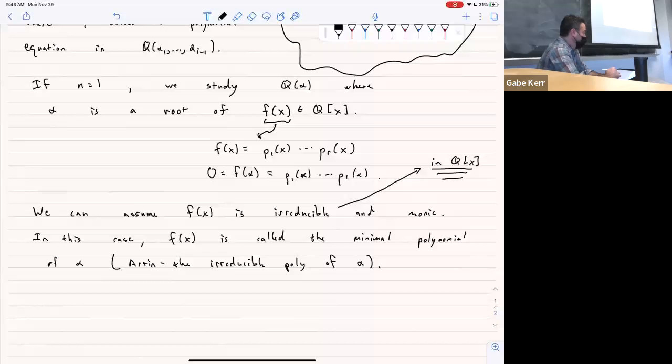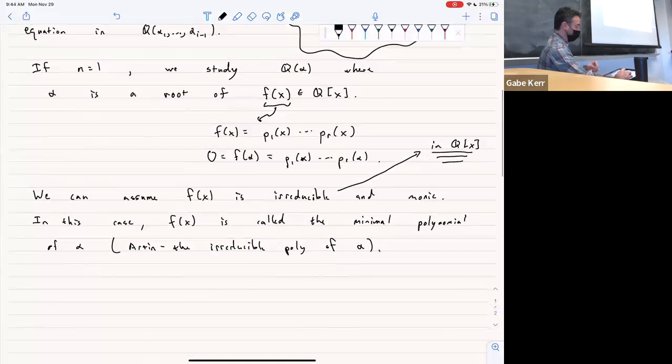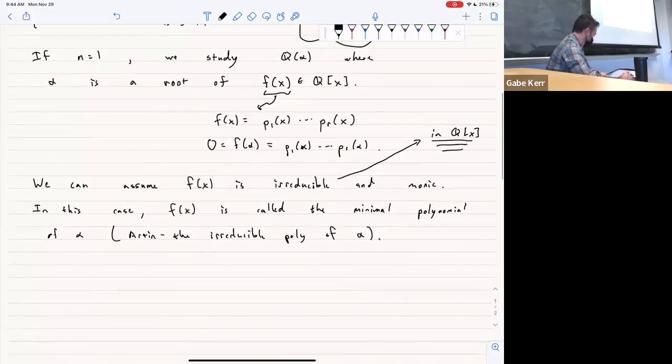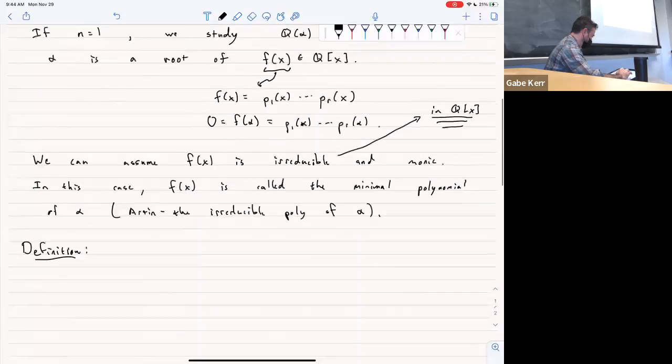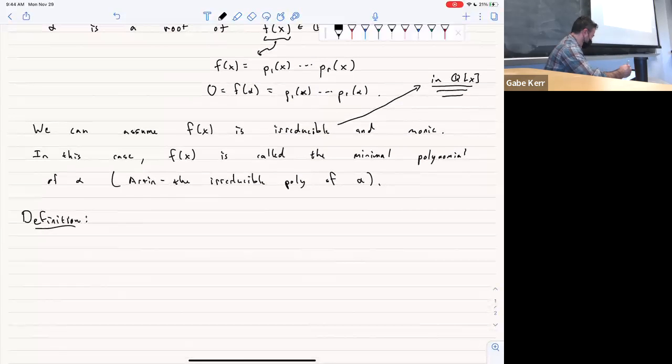So what we can do is we can understand these rings, understand these fields by understanding these polynomials, at least to some degree. Now, I want to define a couple more things. One is an algebraic integer.